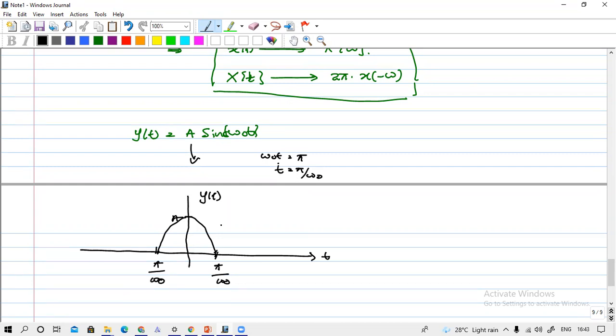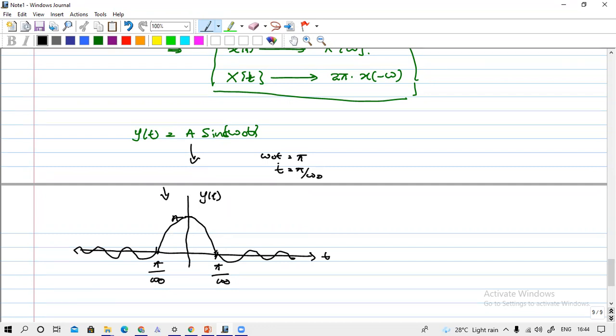This will be 0, and you will have the zero points, and a decaying cosine-like signal. So this is a, and this is 5 by omega naught on each side. This is our signal now.